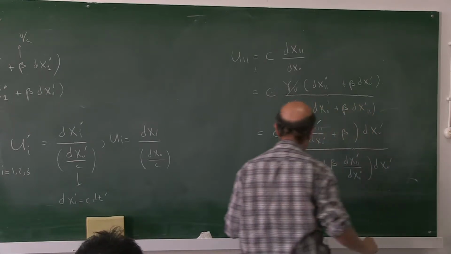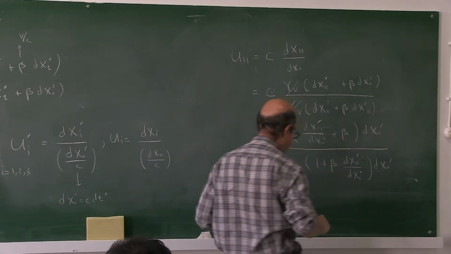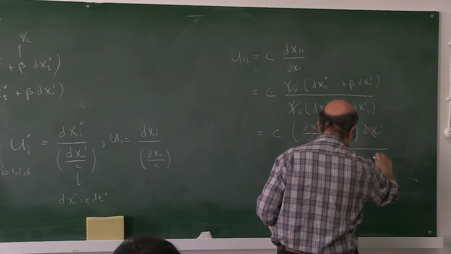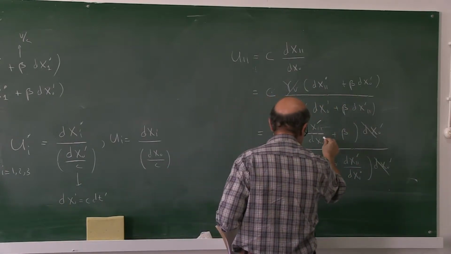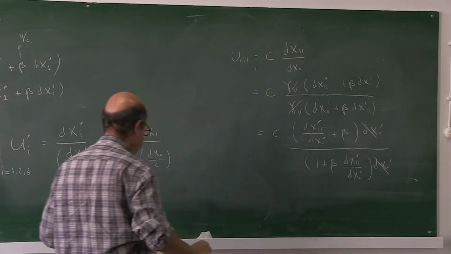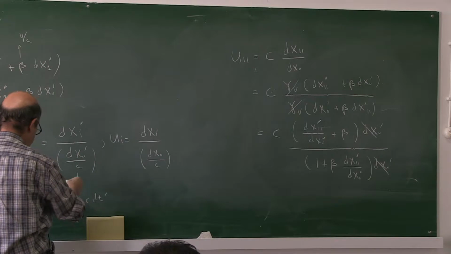So the dx0 prime factor cancels. Now you can see the definition of the speeds. So where is the definition of the speeds? What should dx prime over dx0 prime be?